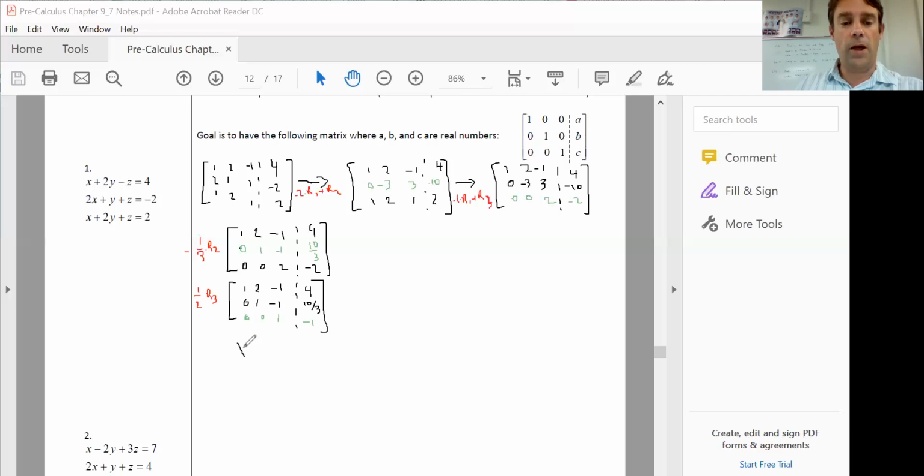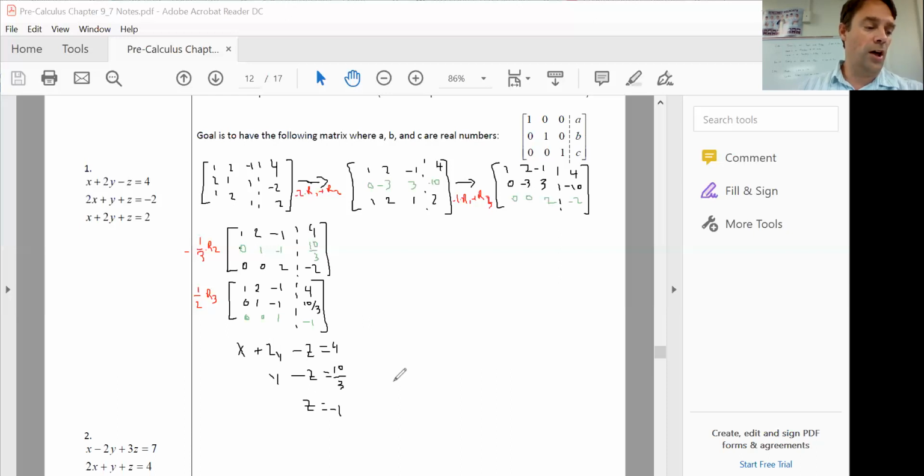So turn it back into a system. x plus 2y minus z equals 4. I get y minus z equals 10/3. So I am going to be dealing with a fraction coming up. And I get z equal to -1.